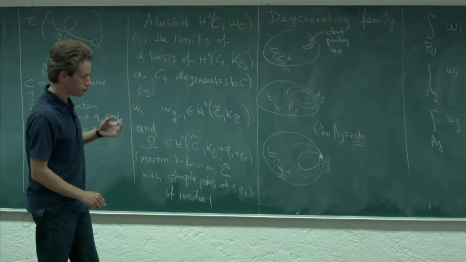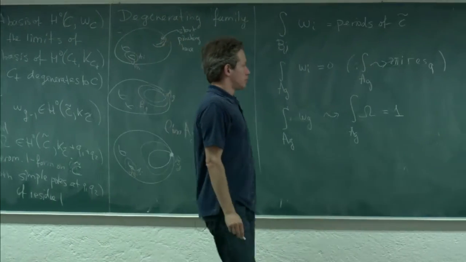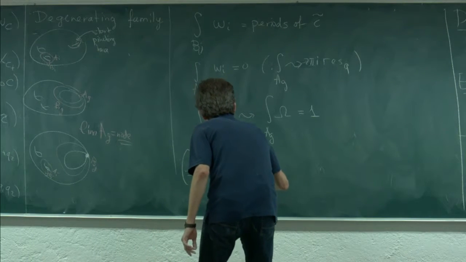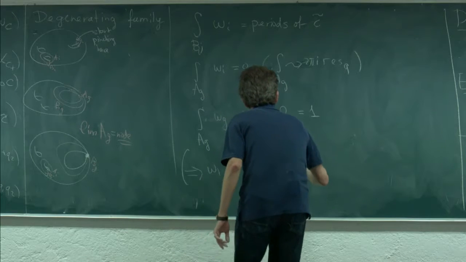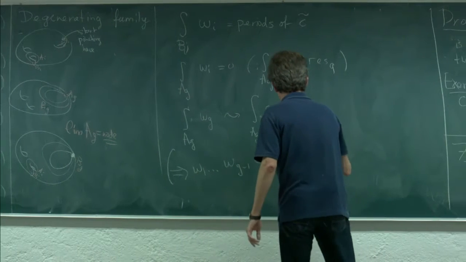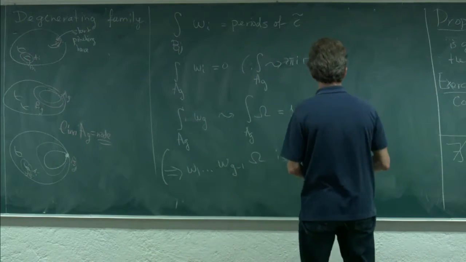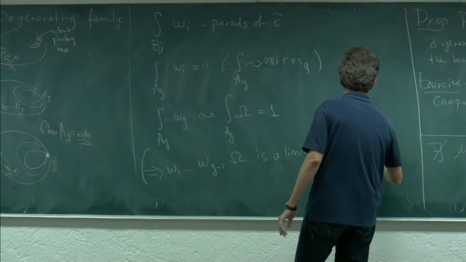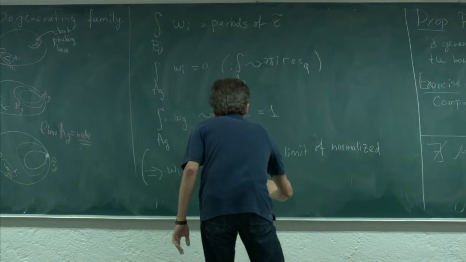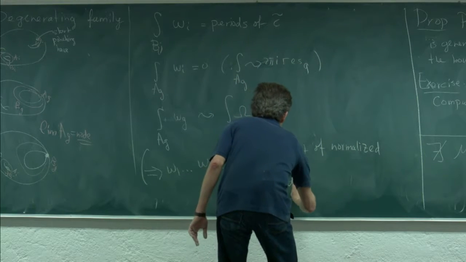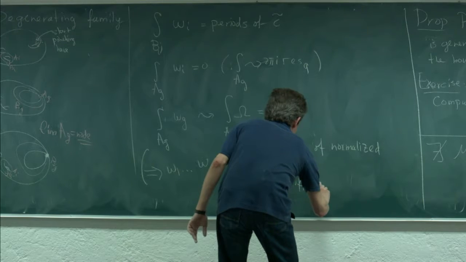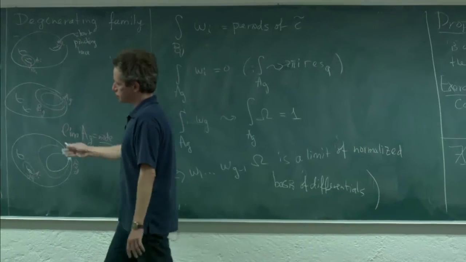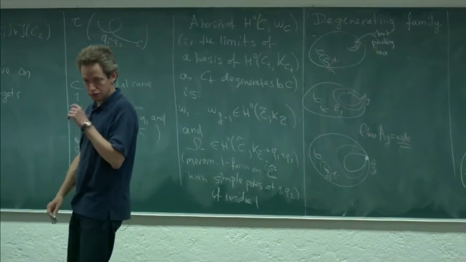Okay. So this implies that omega_1, ..., omega_{g-1}, omega is a limit of a normalized basis of differentials. So I have sort of proven this statement, if you think about it.